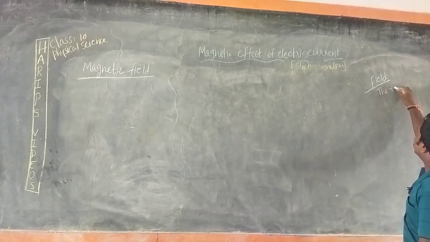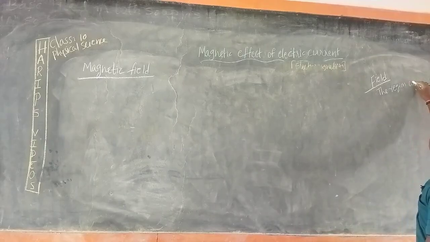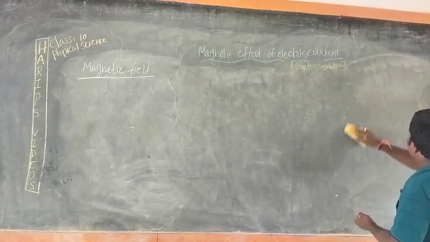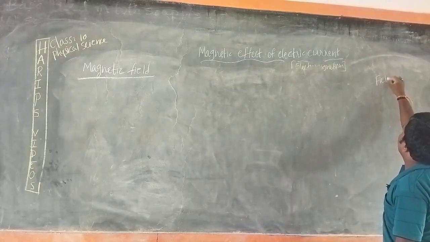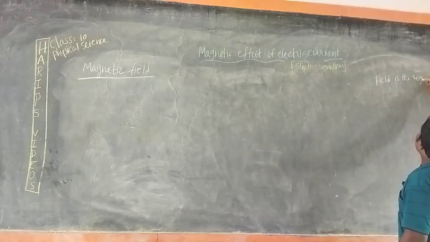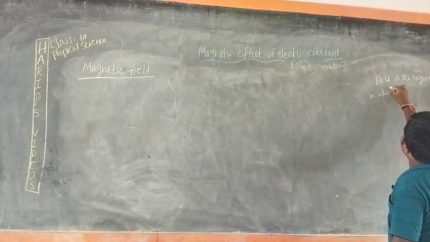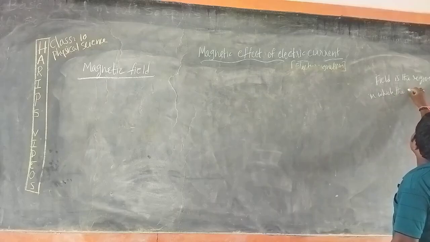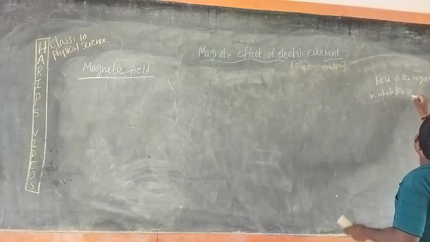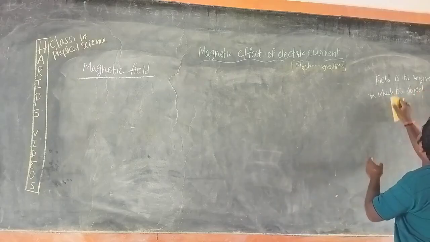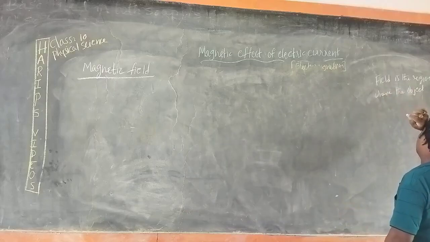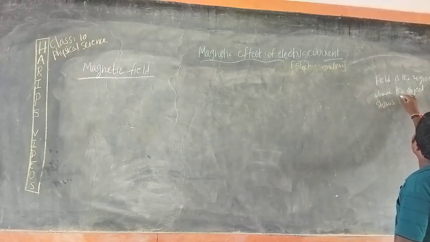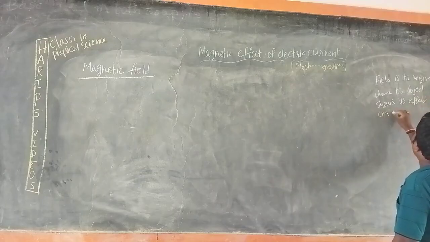Field is a region, a place in which an object shows its effect on other objects.